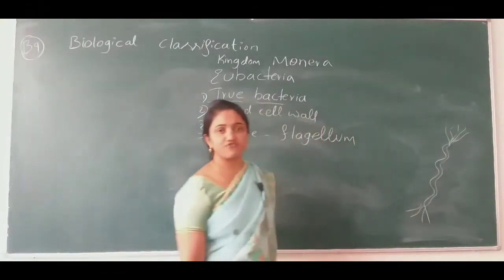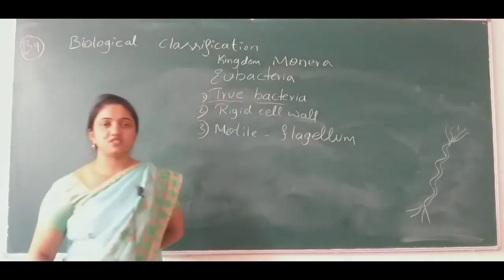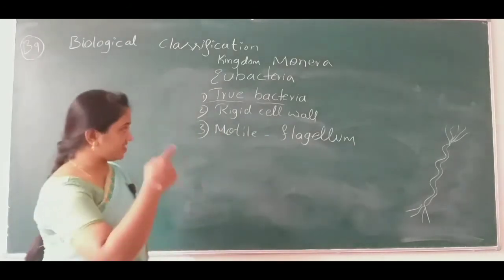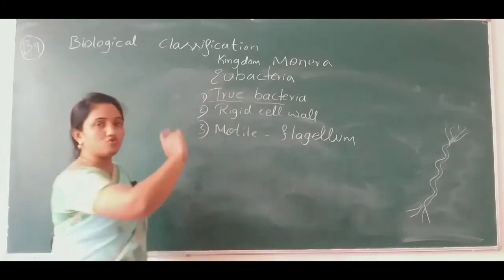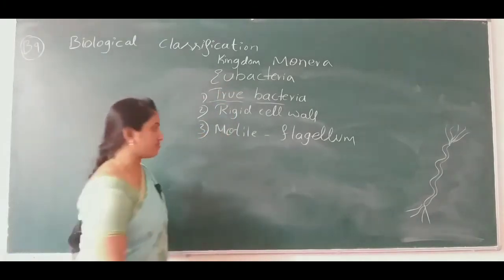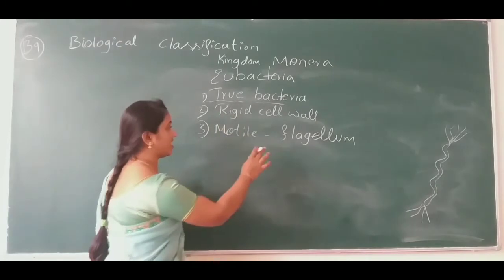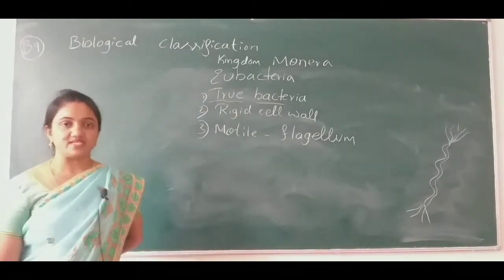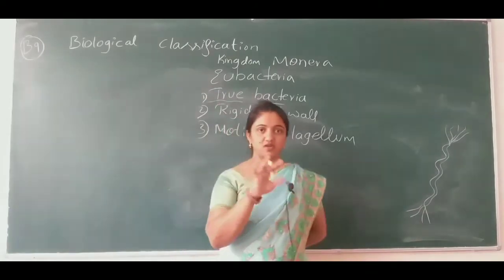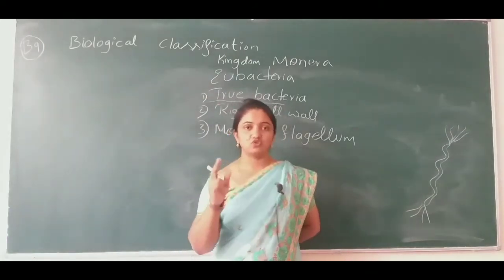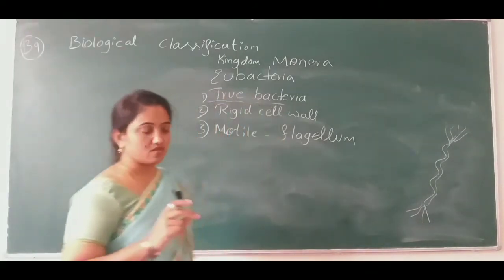What is the use of flagella? It helps in locomotion. If the Eubacteria move from one place to another, it will be with the help of a flagellum present either at both the ends or towards one end.